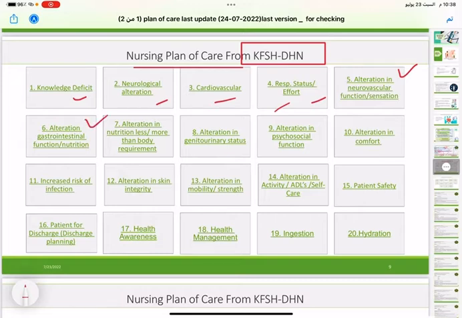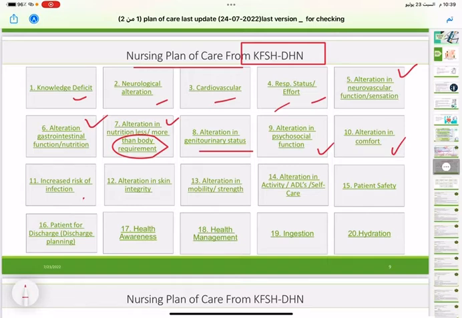Or a gastrointestinal problem, or diarrhea, or a nutritional problem. Here the patient has low intake or intake above the requirement. Or the patient has a urinary problem in elimination, or a problem with nephro or elimination of urine, or the patient has a psychiatric problem or alteration in psychological function, or anxiety or something like that. Sometimes the patient has a problem with comfort, anxiety, or pain.